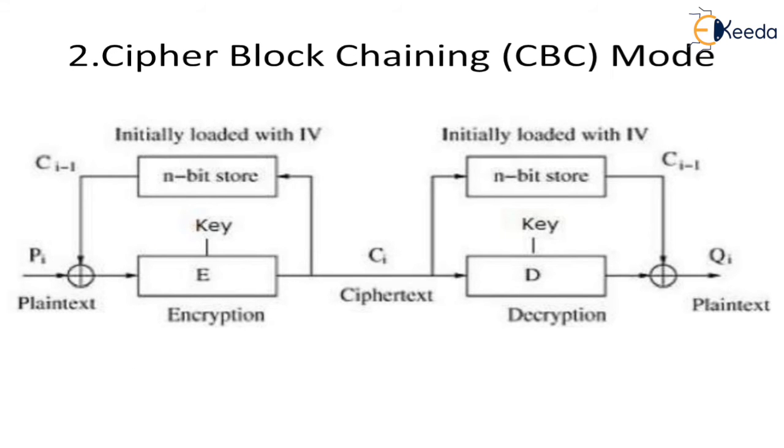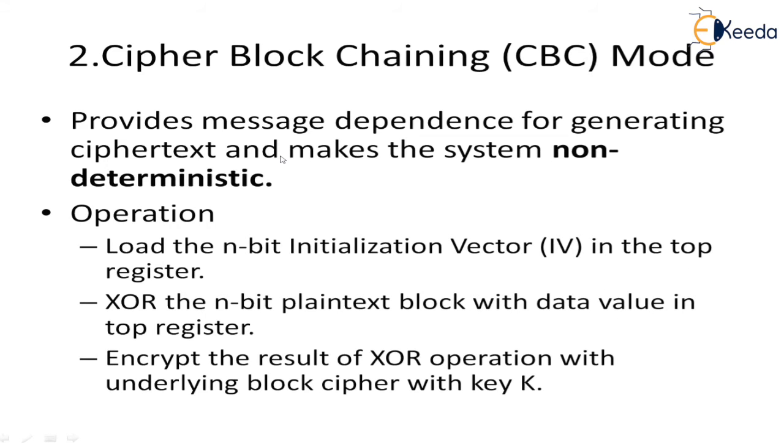The second type is cipher block chaining mode. In this case, the encryption and decryption processes are carried out with XORing. At the transmitting side, the XORing of the plain text is done, and at the receiver side, the XORing of the ciphertext is done. An n-bit register is used and initially loaded with the initialization vector.